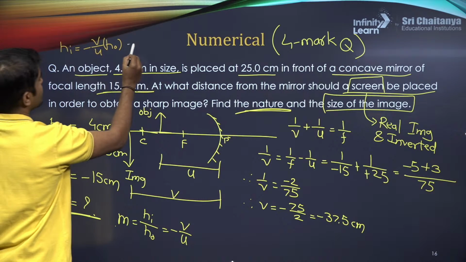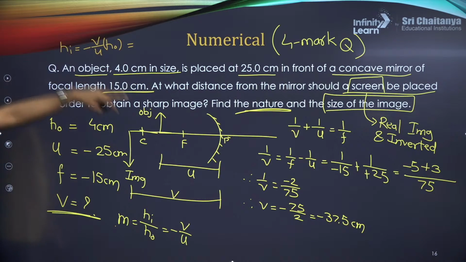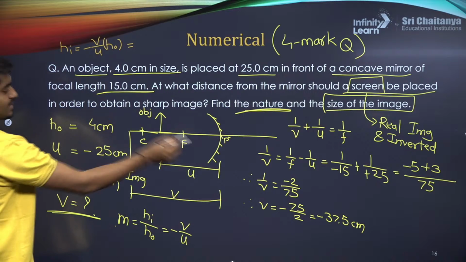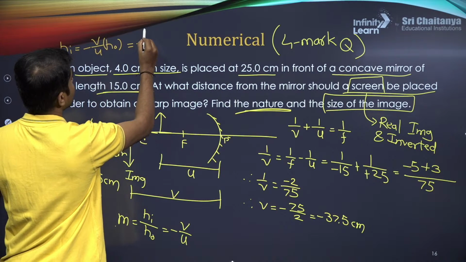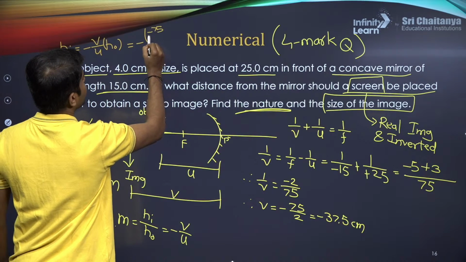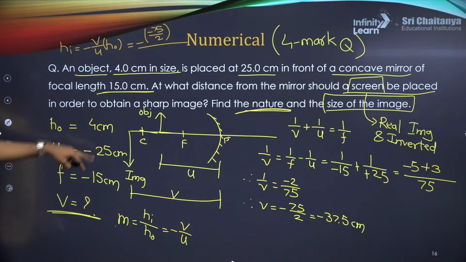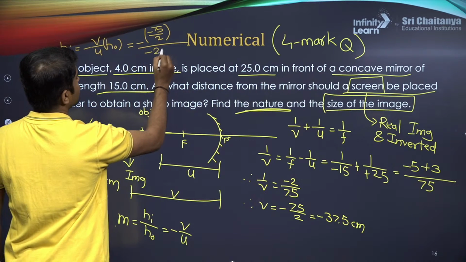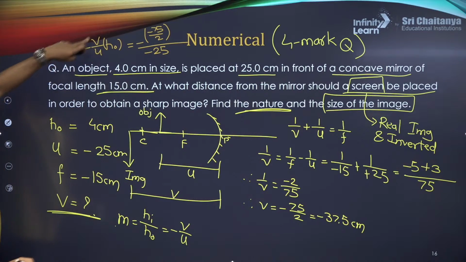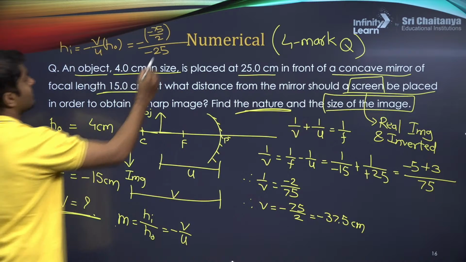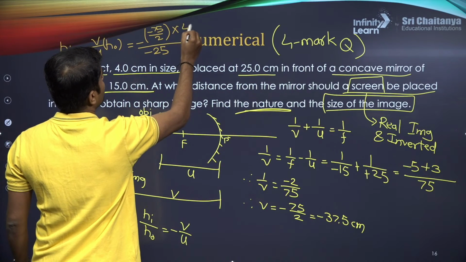So let's just substitute all the values. What is V? V is minus 75 by 2. So minus of minus 75 by 2. What is U value? U is minus 25. And what is height of the object? Height of the object is 4 centimeter. So this is multiplied by 4 centimeter.